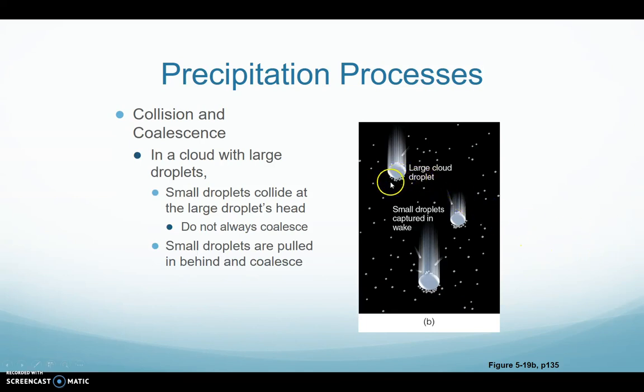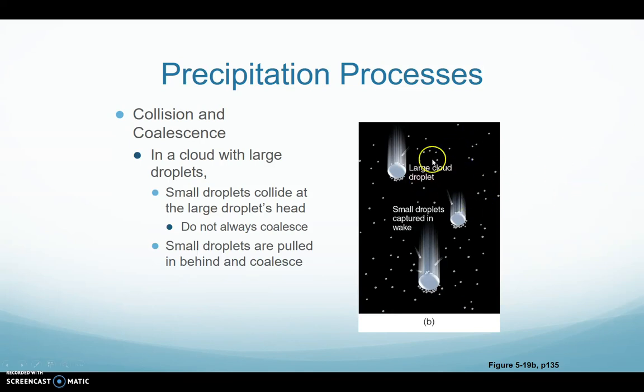One, a number of droplets will actually collect on the front side of each droplet. They do kind of merge, but they don't actually coalesce and turn into one droplet. These just kind of hang out where they are until the droplet gets bigger and forces it to coalesce.